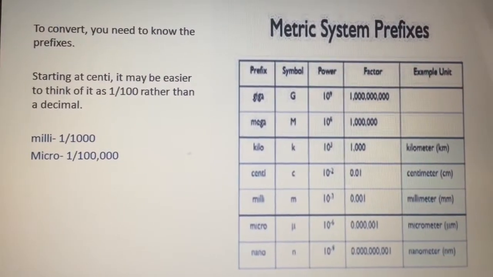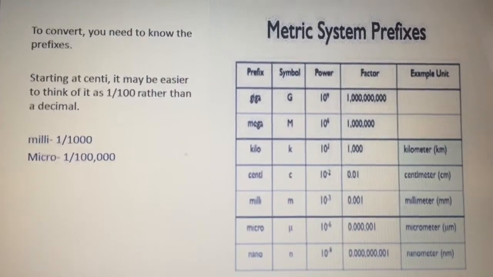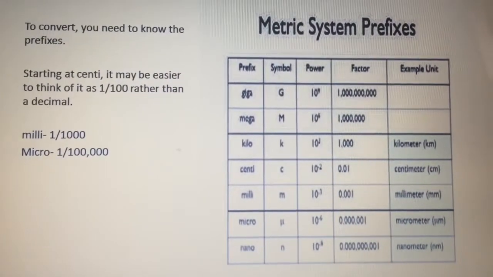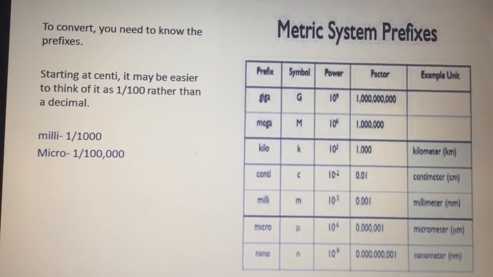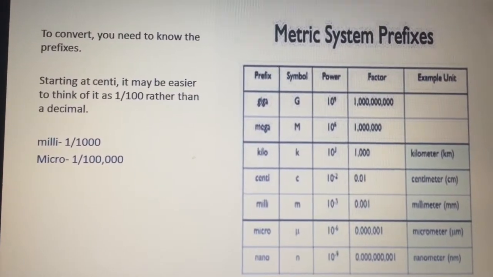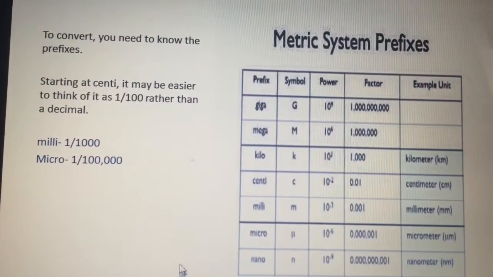It's a huge difference. And speaking of when you get to that one, it's such a small amount that it's a decimal, but I like to think of it as a fraction when I'm converting, because it's just much easier, and you'll see that later, but you can do whatever you want.